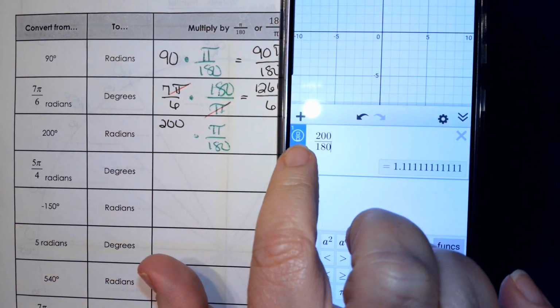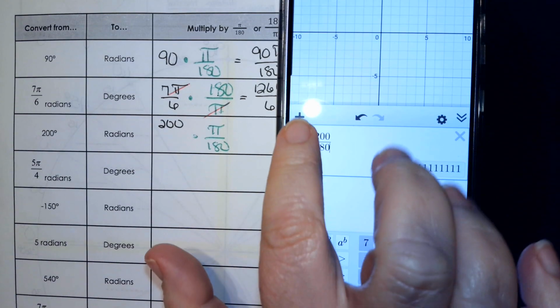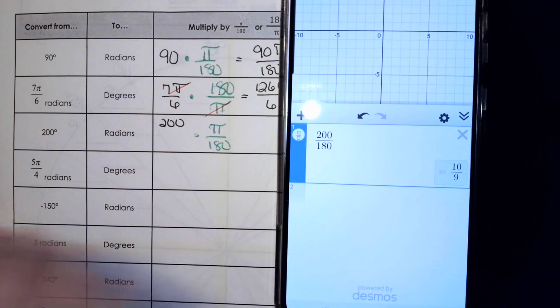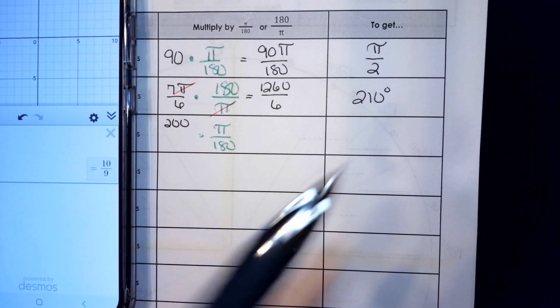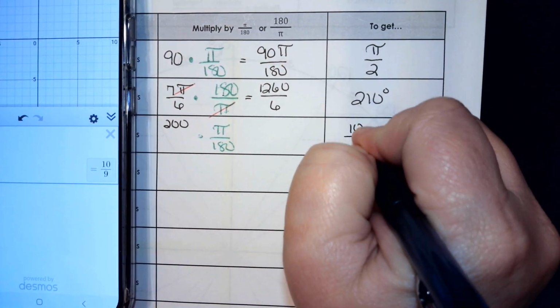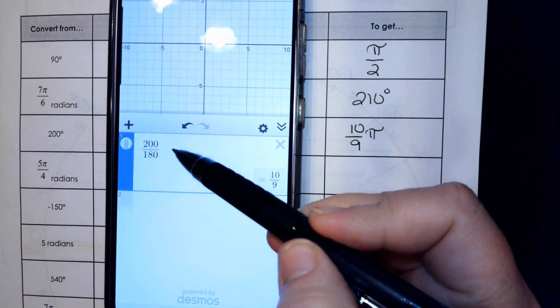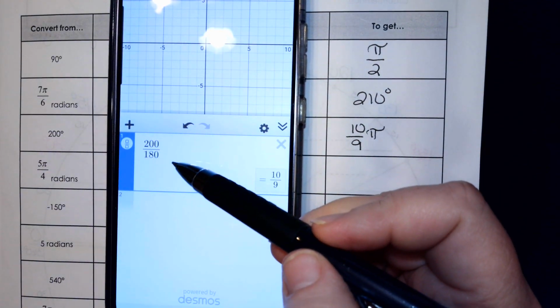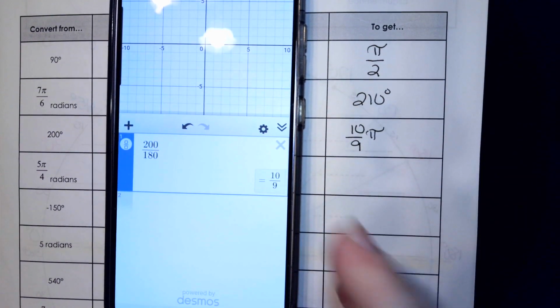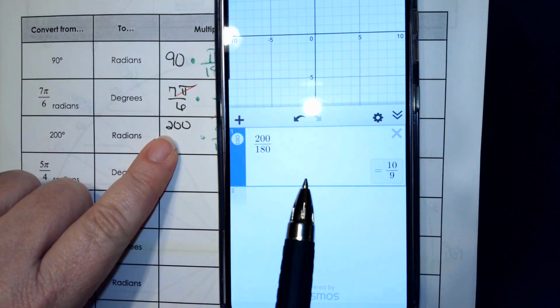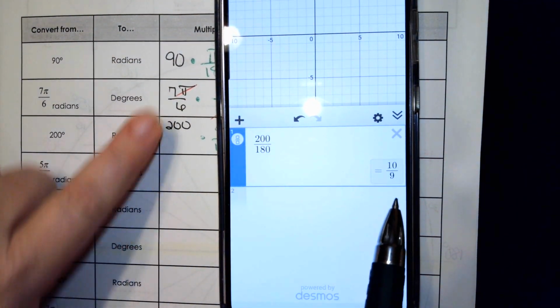But we're going to come right here. You see that little fraction button? We're going to hit that fraction button, and it gives us our fraction, 10 over 9. So this is actually going to end up being 10 over 9, and then you attach the pi. Never put pi in Desmos when you're trying to convert. Okay. So again, all you do when you're changing degrees to radians is just you divide.